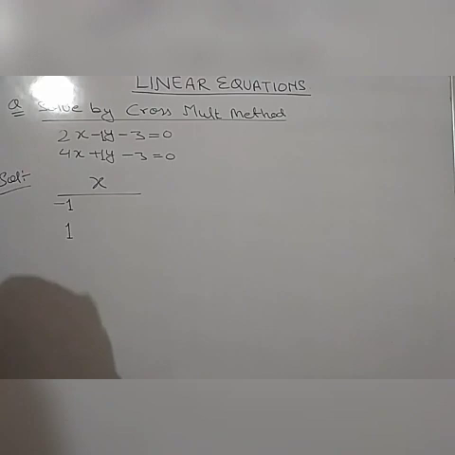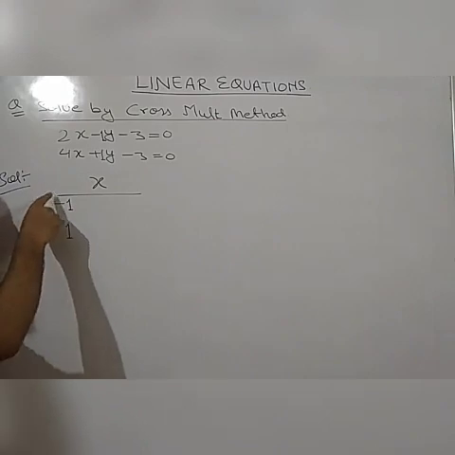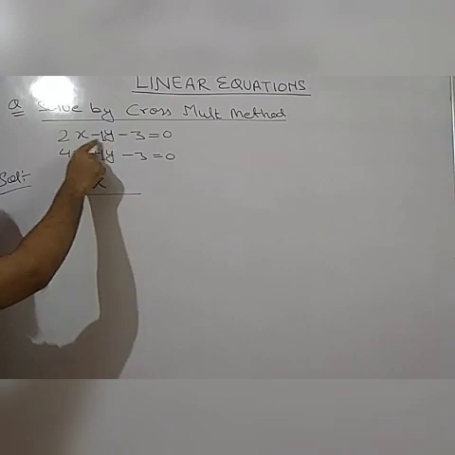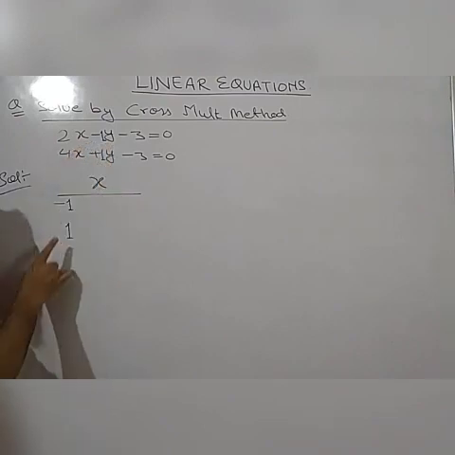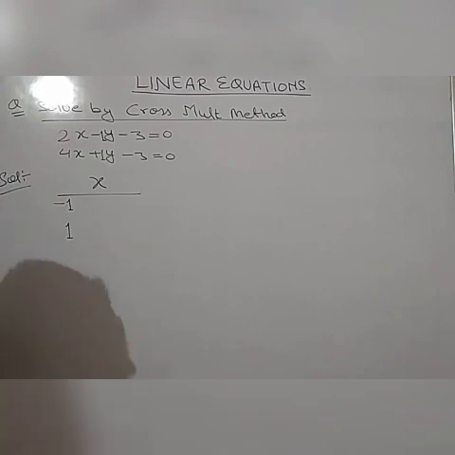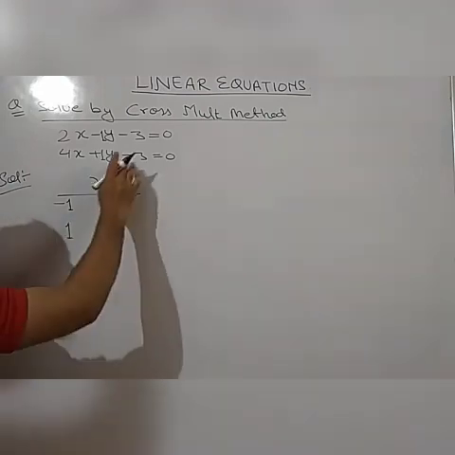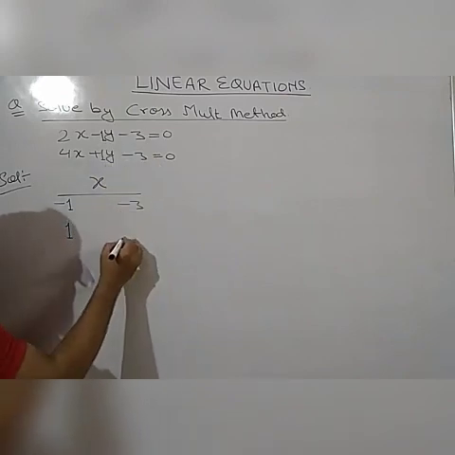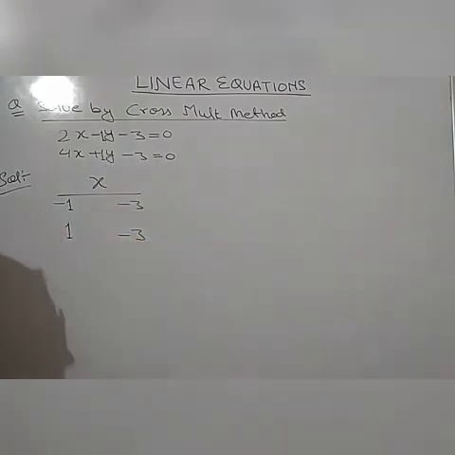You remember that particular cross multiplication diagram. First we have to write x, then in the denominator start with the coefficient of y with the sign. The coefficient of y is minus 1 and in the second equation it is plus 1. So I have written here minus 1 and plus 1. Then after that we use the constant terms. Both constants are minus 3 and minus 3.